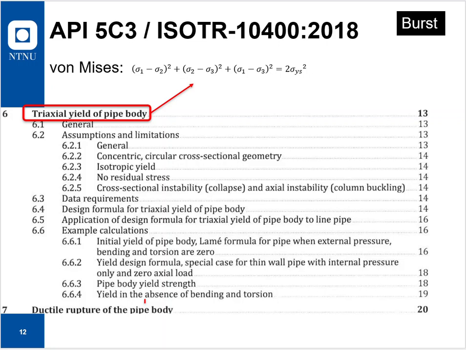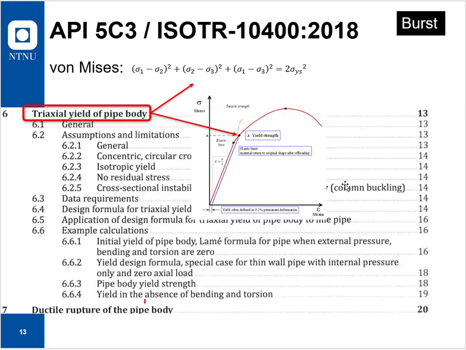It's no longer listed even in the front of the standard. It says that in order to calculate burst, you should use the von Mises. It's called the triaxial yield of the pipe body, as said. And of course, as we all know, that pertains to the yield strength of pipe.